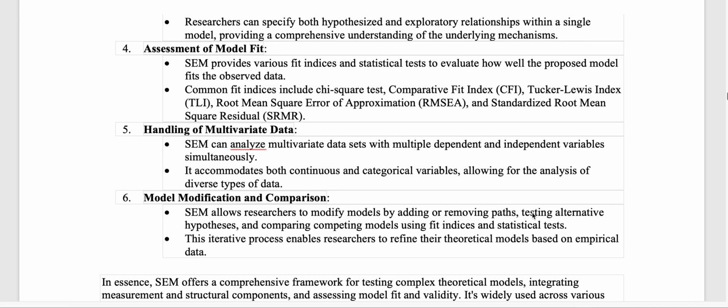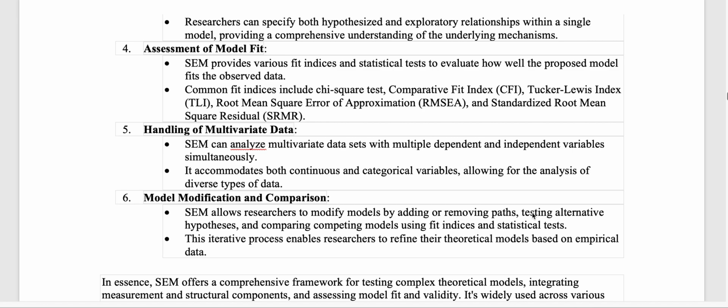Assessment of model fit. Structural equation modeling provides various fit indices and statistical tests to evaluate how well the proposed model fits the observed data. Common fit indices include the chi-square test, comparative fit index, Tucker-Lewis index, root mean square error of approximation, and standardized root mean square residual. Handling multivariate data: structural equation modeling can analyze multivariate data sets with multiple dependent and independent variables simultaneously.